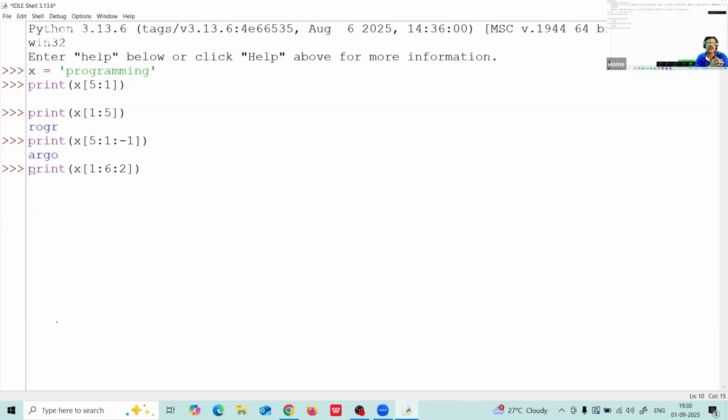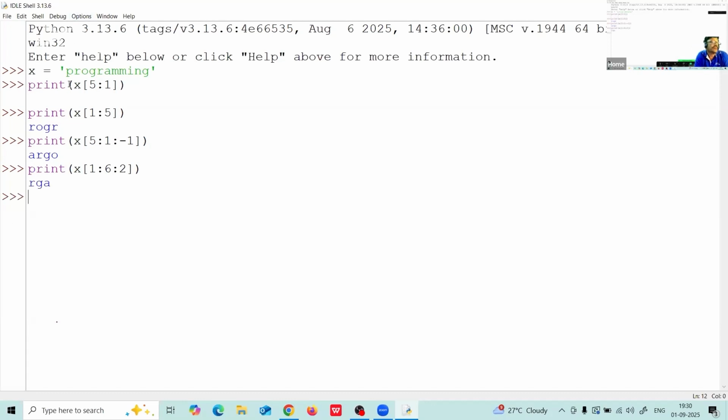Start must be less than stop if increment is positive, and it is correct. So we are traveling from 1 to 5, not 1 to 6. So which letters will be taken out? 1, then 3, because increment is 2. 1, then 3, then 5. That's all. Sixth letter won't be taken because it's stop. 1, 3, 5. Let's see.